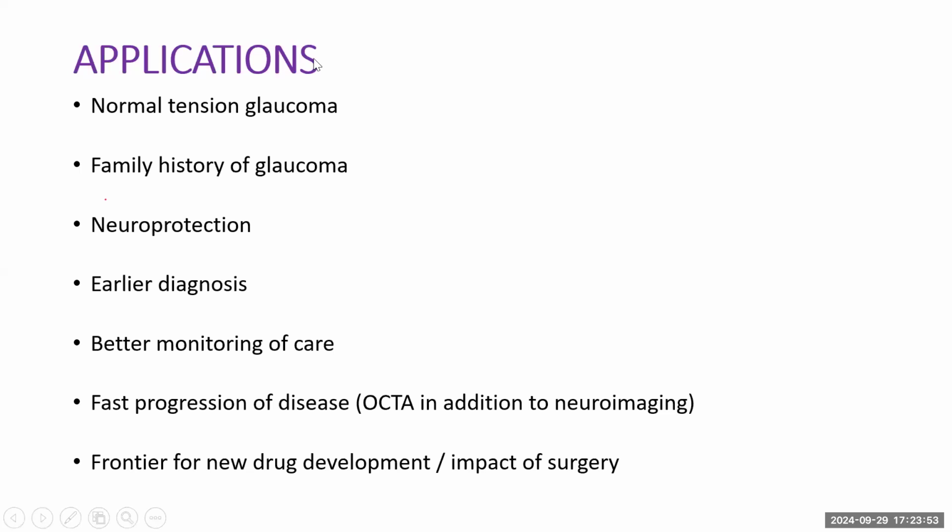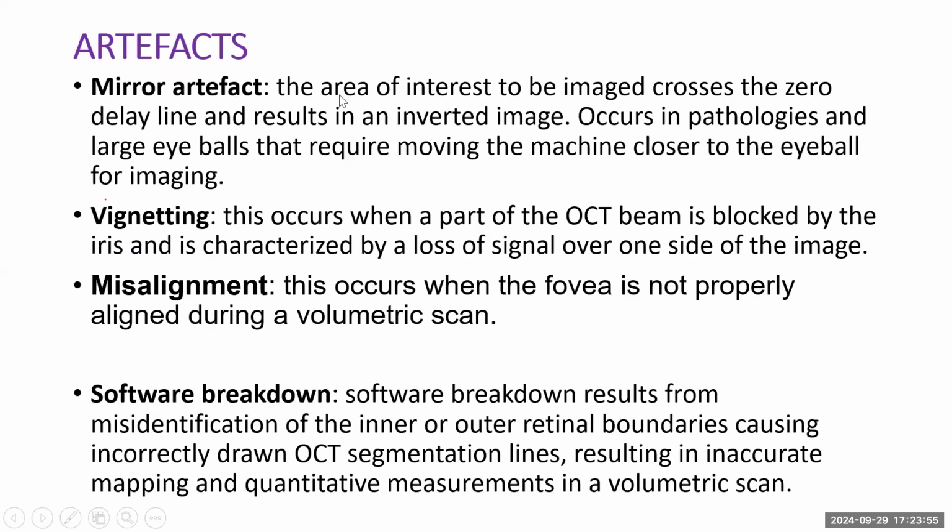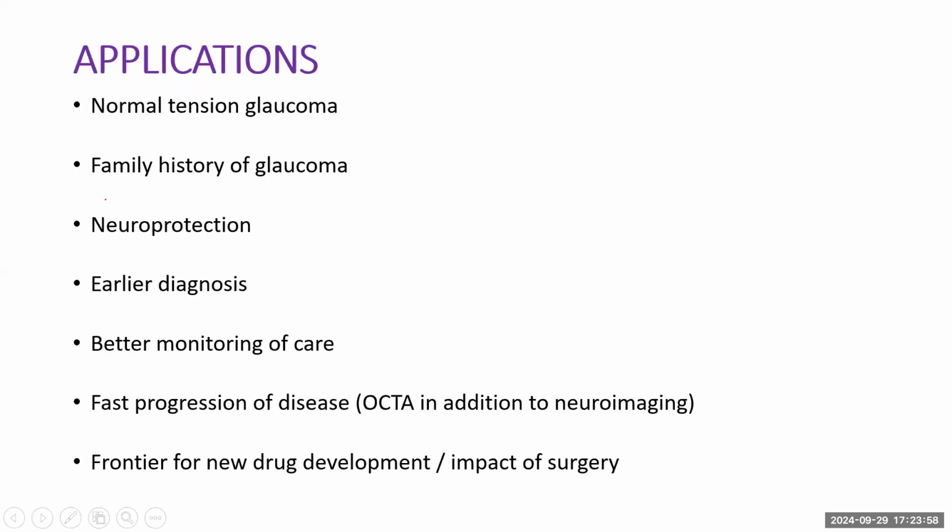Now, the part of applications that will become very important going forward is in patients with normal tension glaucoma. If the tension is normal, it's controlled, and you have progression, you have to start looking not just at neuroimaging, but also vessel density.